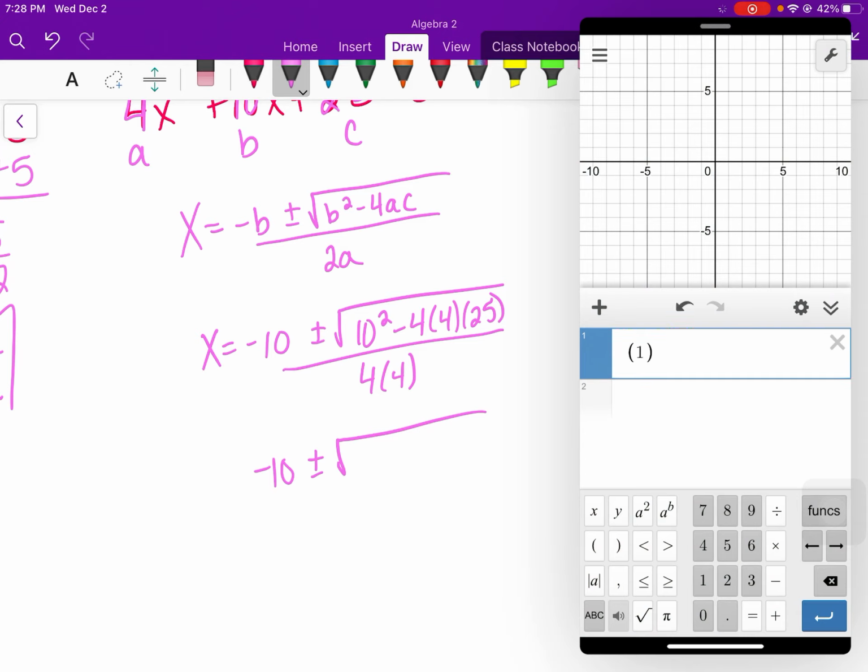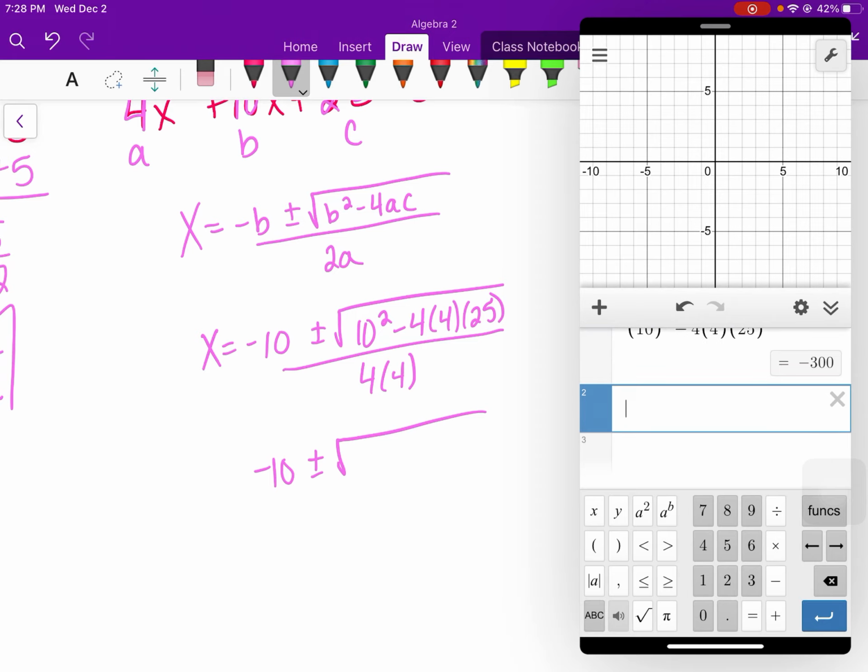So it'd be 10 squared minus 4 times 4 times 25. That's 100 minus 400, so negative 300.